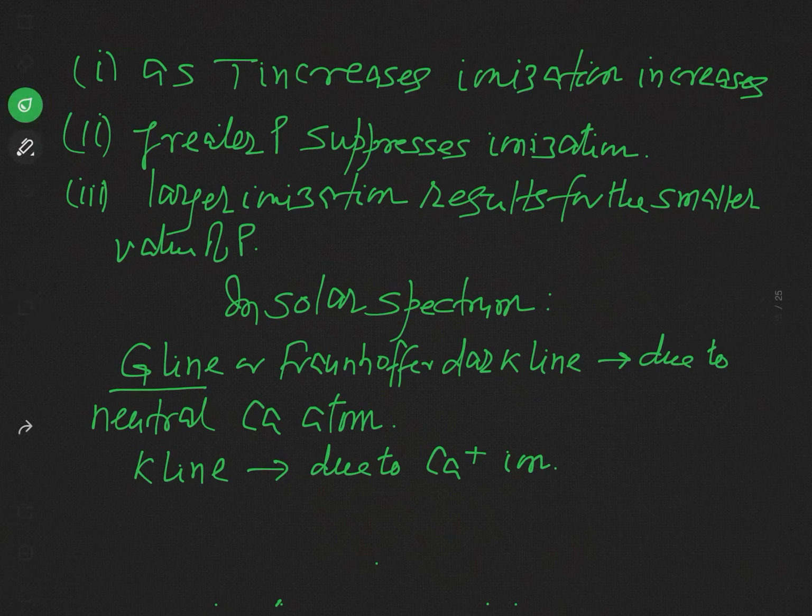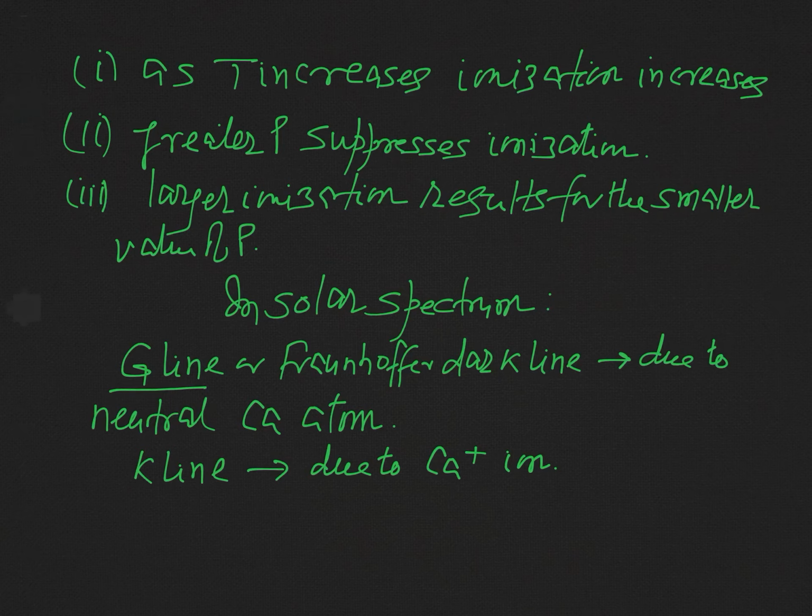So you may see how much neutral atoms of Ca are present in a star, that determines the intensity of G line, and how much calcium ion is present in the stars, that determines the intensity of K lines.